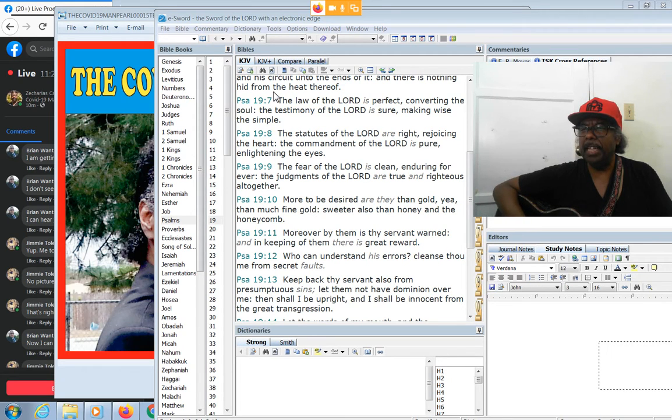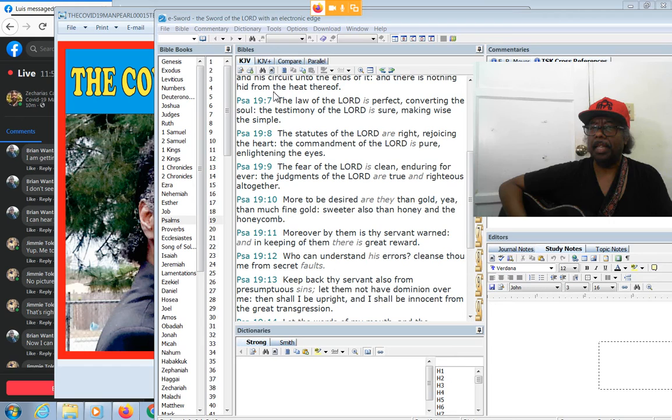More to be desired than gold, yea, than much fine gold, sweeter also than the honey and the honeycomb. The statutes of the Lord are right, rejoicing the heart. The commandment of the Lord is pure, enlightening the eyes.